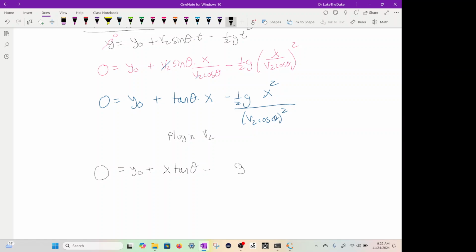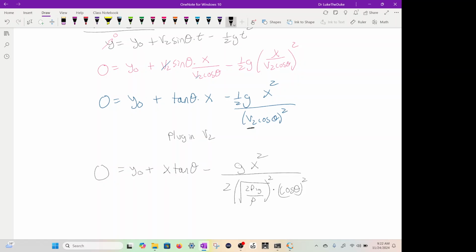So g x squared over 2, and then this is going to be the square root of 2p1 gauge over rho, but this is squared because this is v2 squared, and then this is cosine theta squared.